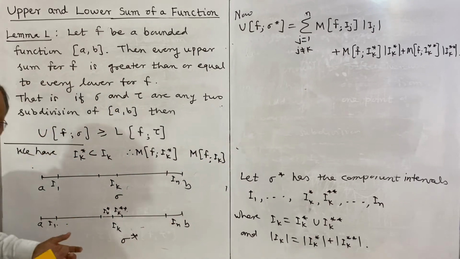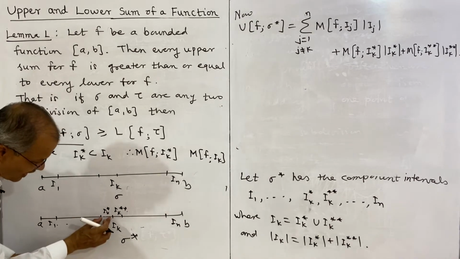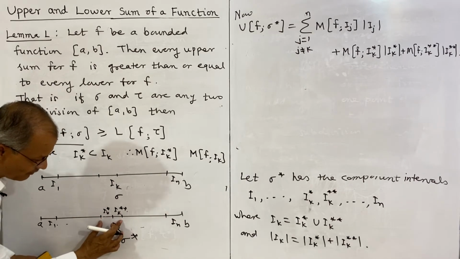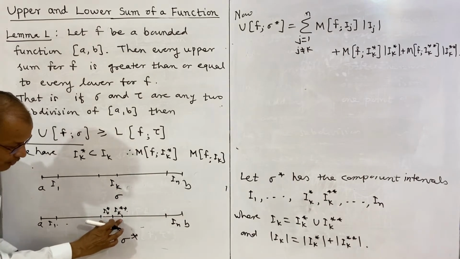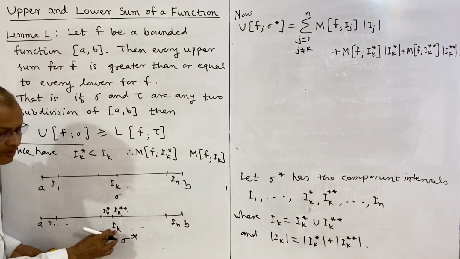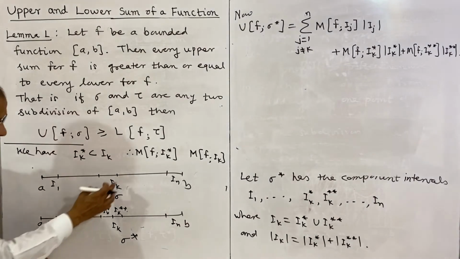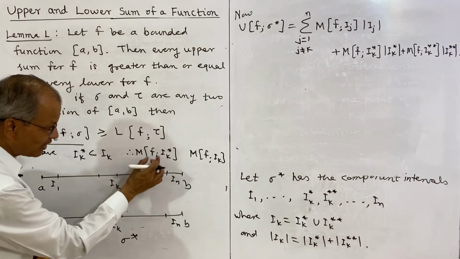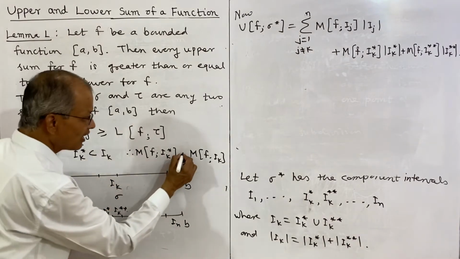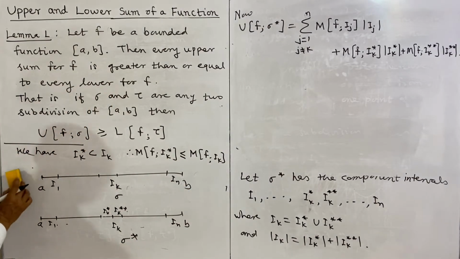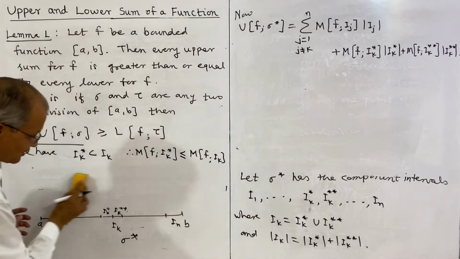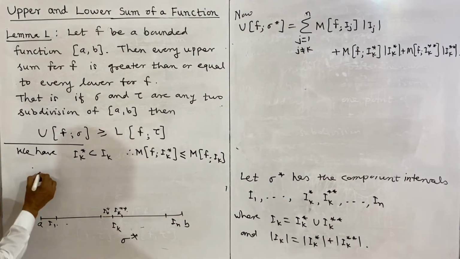Ik is bigger than Ik star, and therefore the maximum value on Ik will also be greater. So the maximum value in the smaller interval will be less than or equal to the maximum value of f on Ik. And similarly the same thing happens for Ik double star.